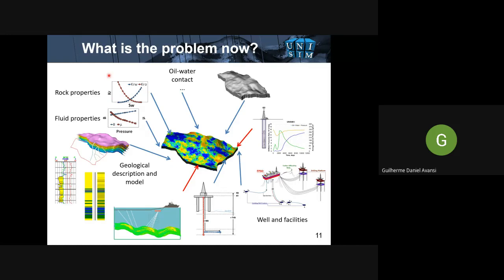So this is the relationship when we have the relative permeability curves linked with the water saturation. And also the fluid properties here. When we talk about fluid properties, I'm talking about the relationship among the pressure, the volume, and also the temperature. And we need to understand this behavior at different depths, which is related to the pressure and also the volume.